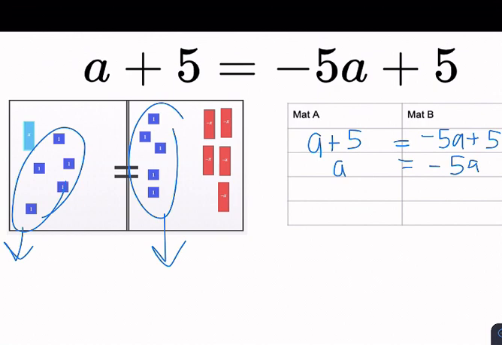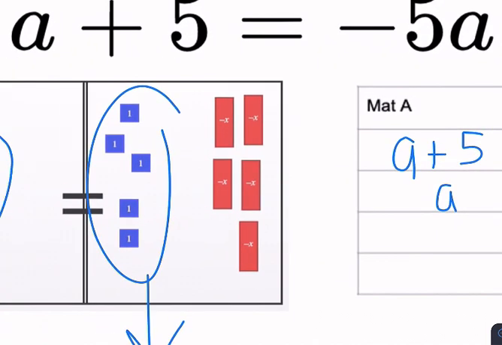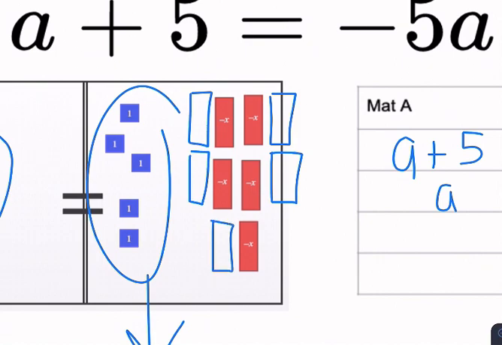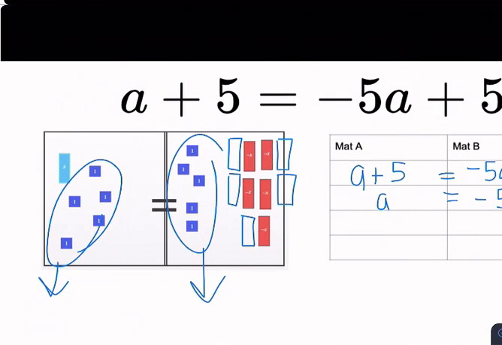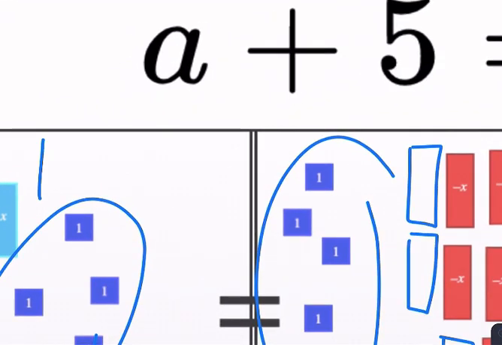Now I want to get a alone on one side. So the thing is, I want my a to be positive. I don't want negative a. So these negative a's, I want to add positive ones so that I can make zero pairs. And if I add 5 positives to that side, I also need to do it to this side.